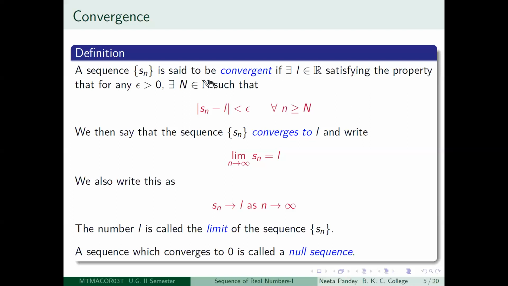So the sequence Sn is convergent if you can find some number L which has the property that in any epsilon neighborhood of the number, or rather, let us say it formally: for any epsilon greater than 0, there is a positive integer capital N such that modulus of Sn minus L is less than epsilon for all n greater than or equal to capital N. That is, the distance between the nth term of the sequence and L will be less than epsilon after the capital Nth term.